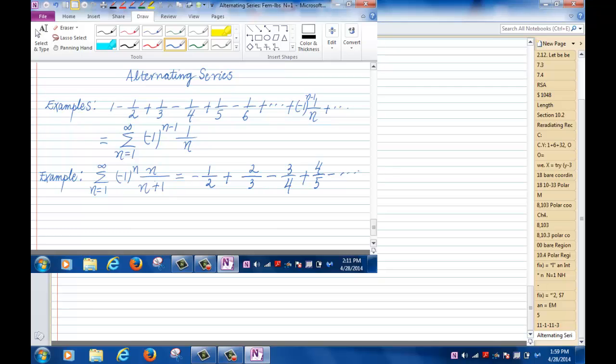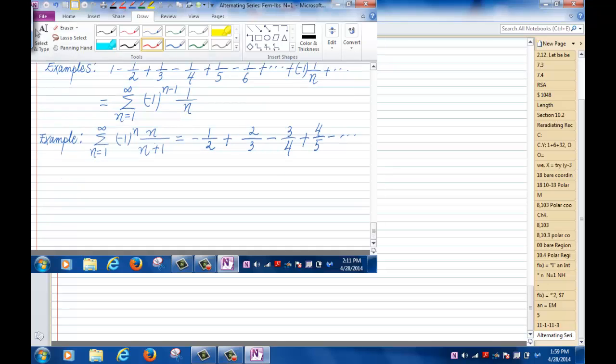Okay, so what you're saying is that if I look at the limit of the nth term of the series, which is (-1)^n times n over n plus 1. Remember, if a series is convergent, then the nth term must go to 0.